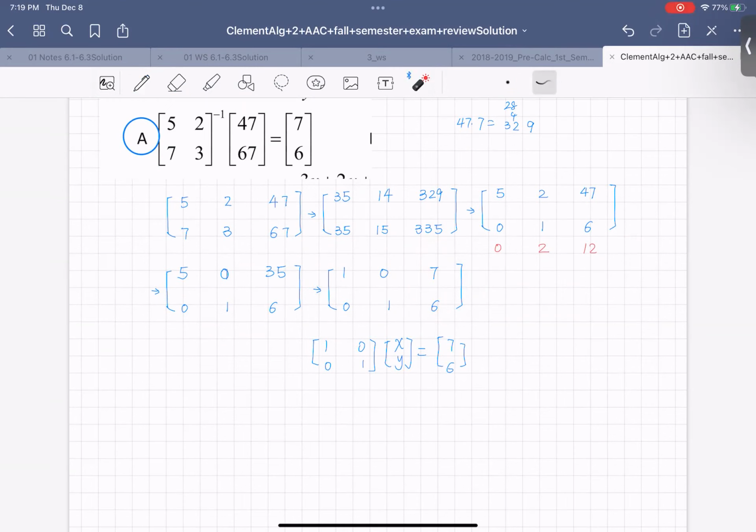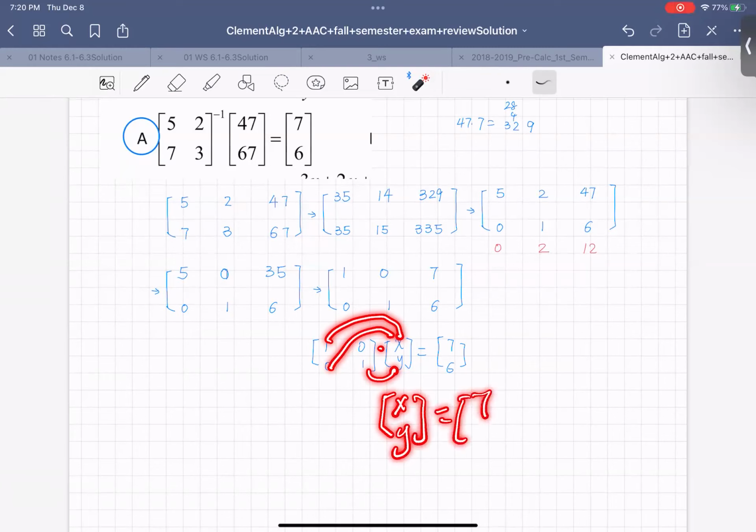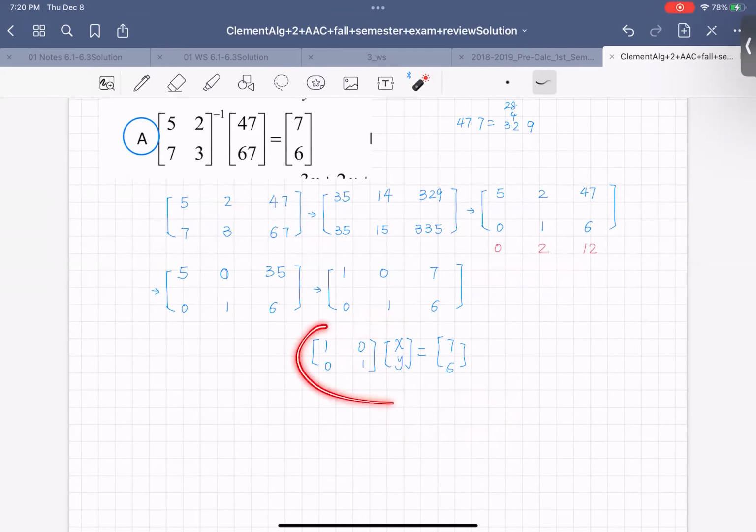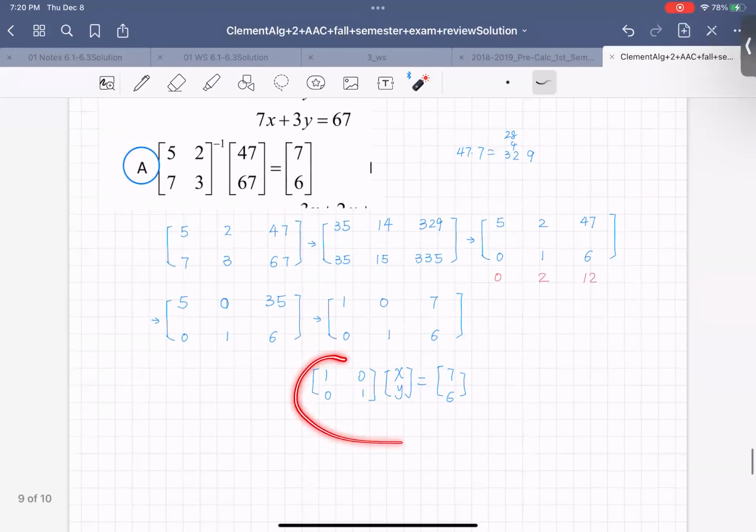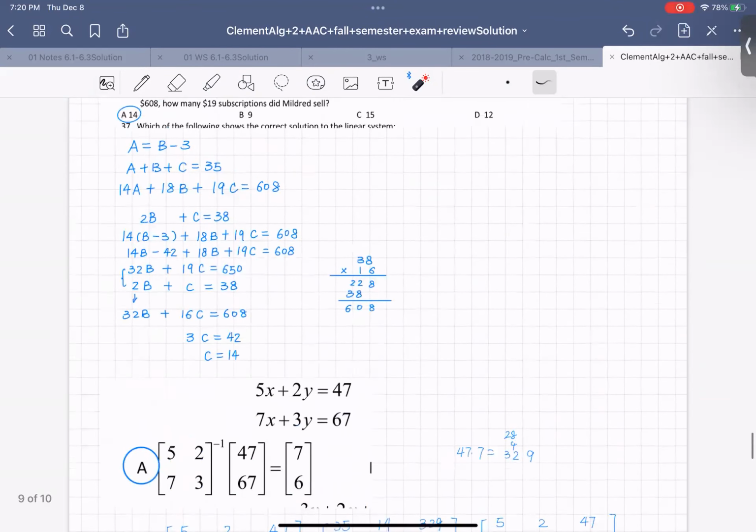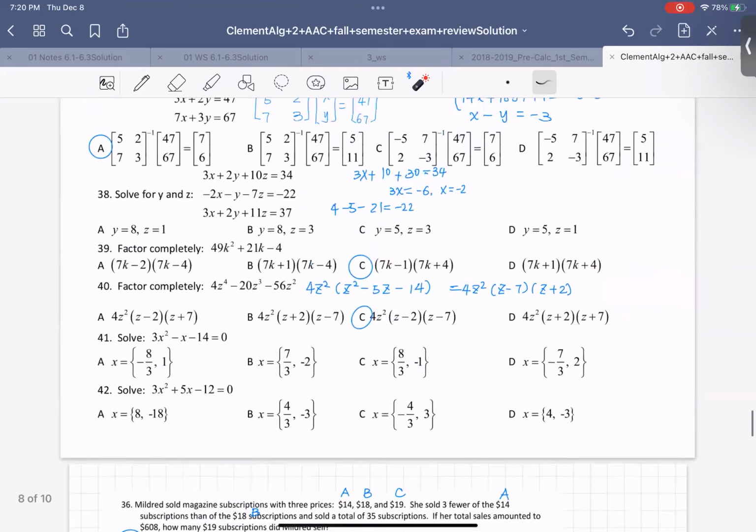Because 1 times x plus 0 times y, this is x. 0 times x plus 1 times y, this is y. So your x is 7, y is 6. Makes sense now? That's how we do the Gaussian elimination, the simplest case of 2 by 2. In summary, we did a 3 by 3.